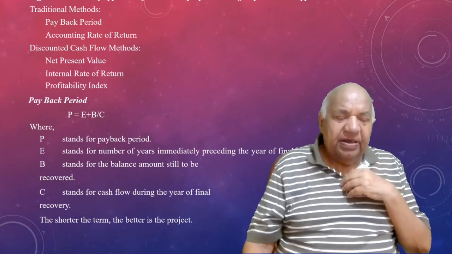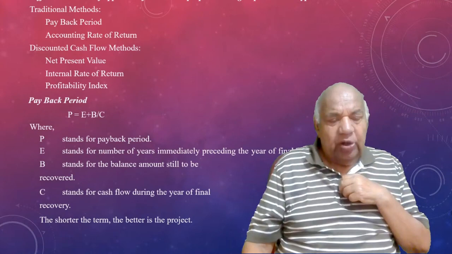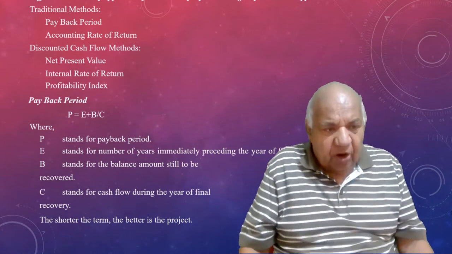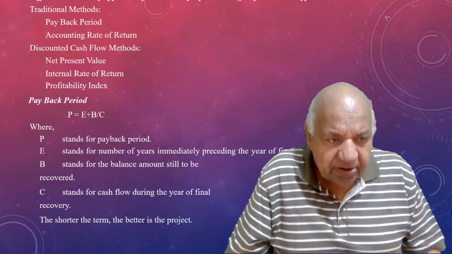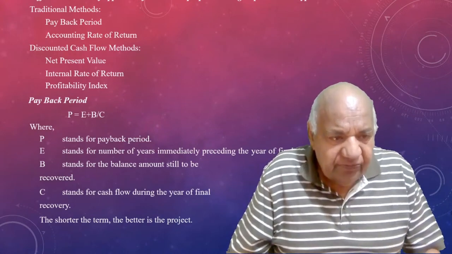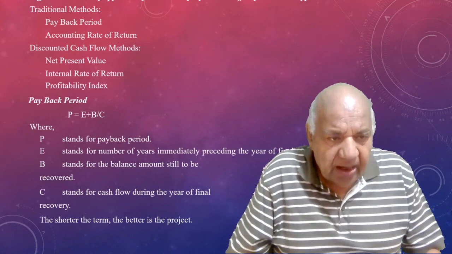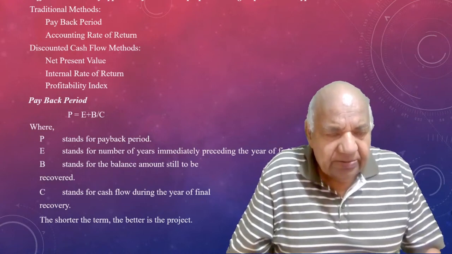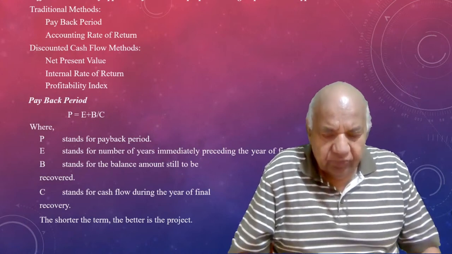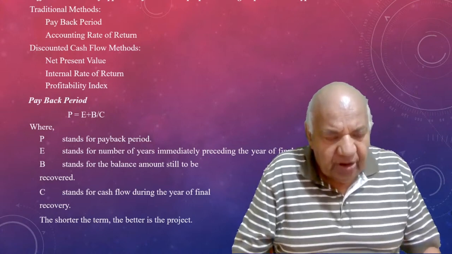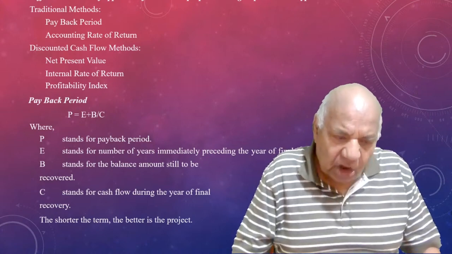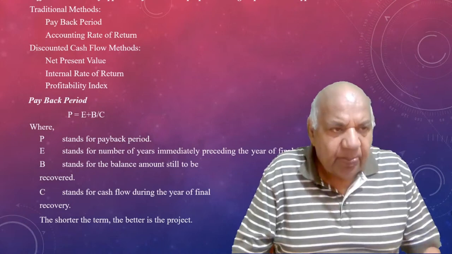In the fourth year the cash flow is 2 lakh. So here in the formula E is 3 years, B is 50,000 and C is 2 lakh. Therefore, payback period will be 3.25. And in payback, we must keep in mind the shorter the term, the better is the project.